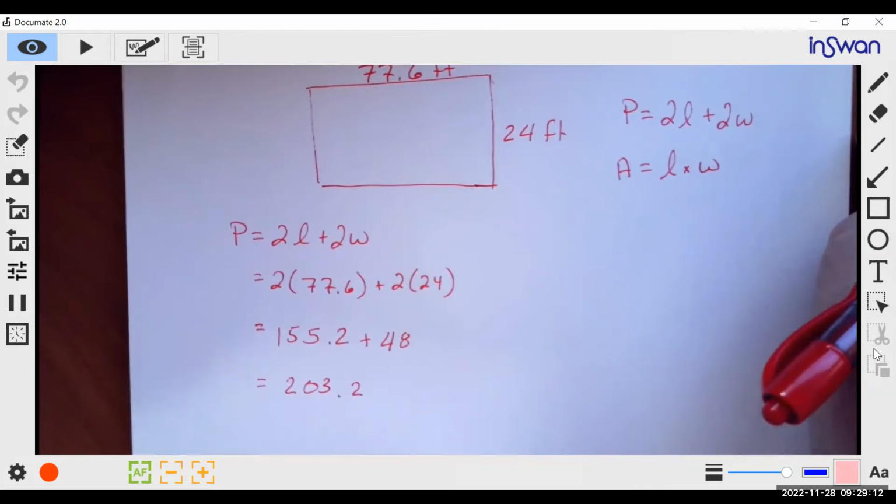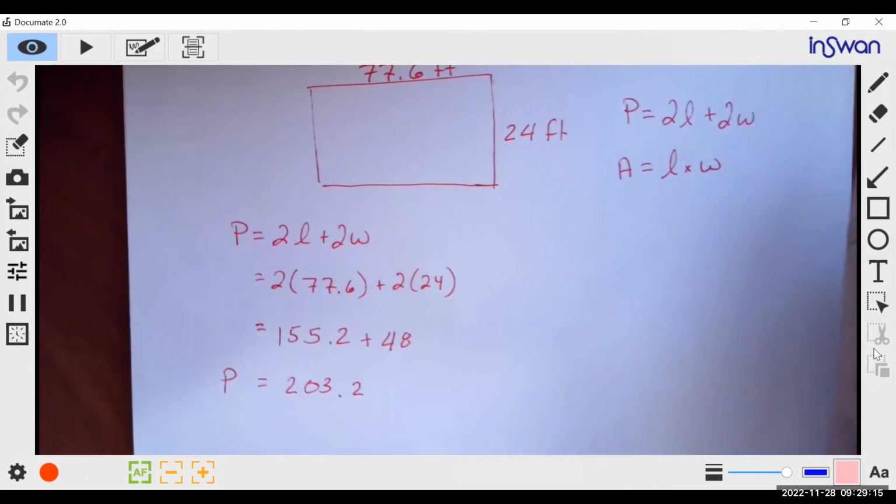So the complete perimeter is 203.2 feet.